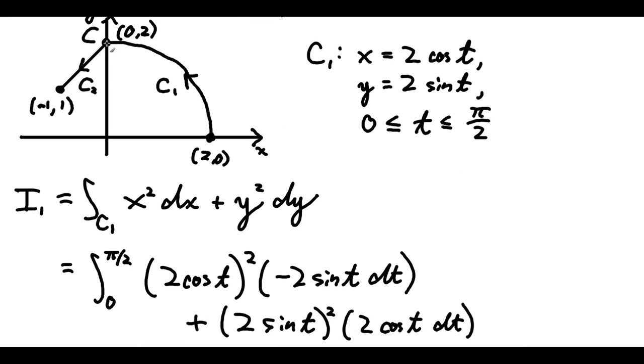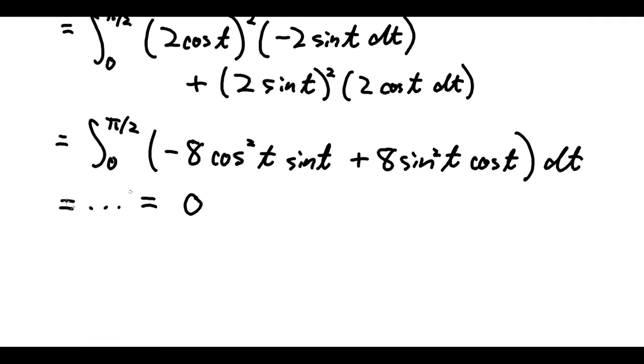C2 goes from 0, 2 to negative 1, 1. So let me jot that down here. We're going from 0, 2 to negative 1, 1. So our curve C2 would be a parameterization for this line segment. So let's think about this. x starts at 0 and decreases by 1.